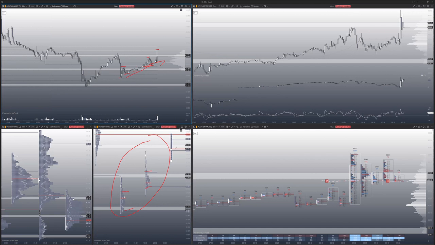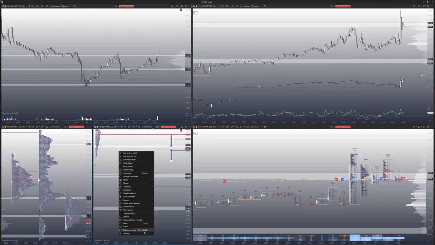And now it's open above the previous value area high. How I draw the zones is a little bit interesting. I put these two profiles together, and why do I merge them?